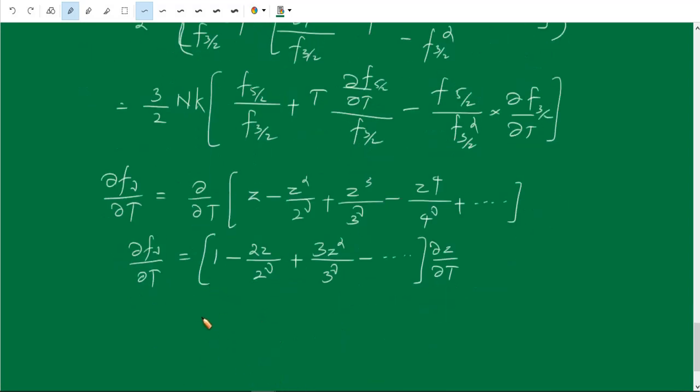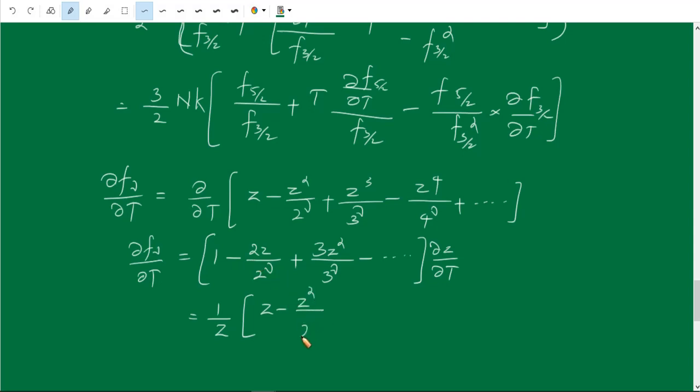So I can multiply with the z and divide it. Okay, so 1 divided by z, z minus 2z square divided by 2 raised to nu, so 2 raised to nu minus 1 it will become.